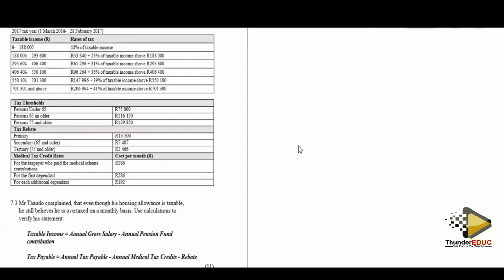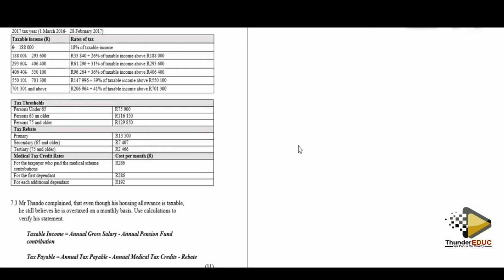Remember, taxable income is your gross minus non-taxable income. Under non-taxable income, we have pension, and donations given to a recognized charity organization. As long as it's recognized, your donations are not taxed.